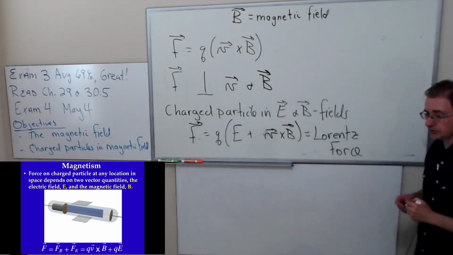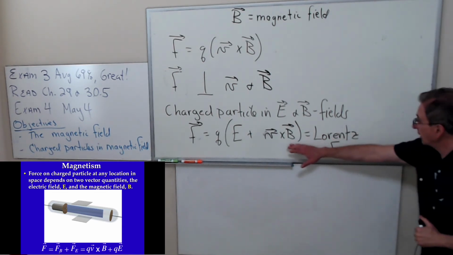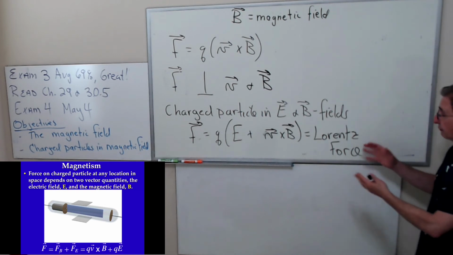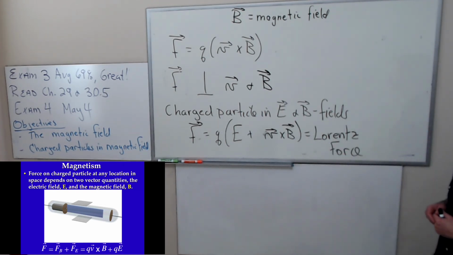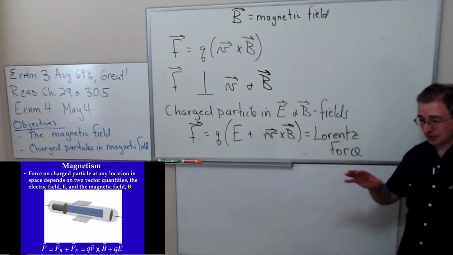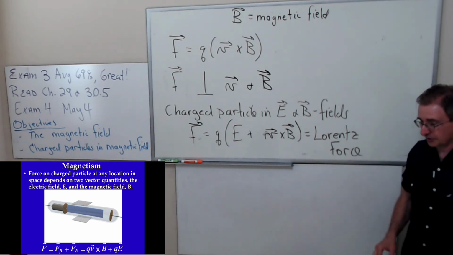We call it the Lorentz force. I still need to say some more about this cross product, but this is the total force a charged particle will experience in an electric and magnetic field. This equation plus Maxwell's equations that we'll talk about summarize everything in this course.